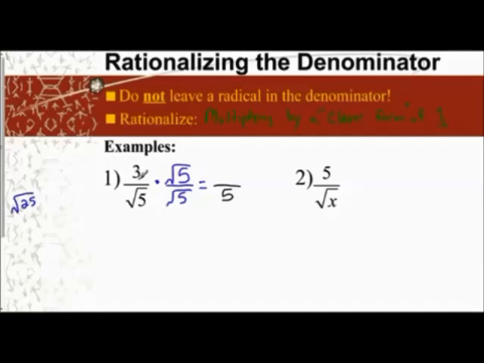So though I'm multiplying by what looks like different values, it is actually the number 1. We are simplifying the expression. You can think of it as we are tricking the expression into getting rid of the radical by multiplying by a clever form of 1. So 3 times radical 5, 3 radical 5. So my answer is 3 radical 5 over 5.